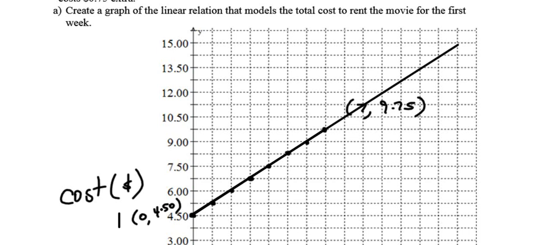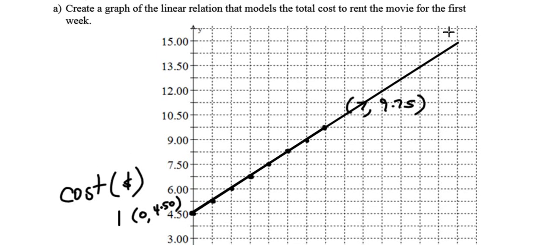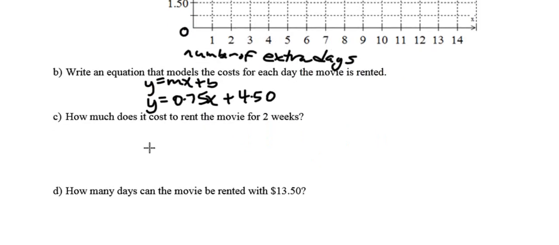I'm going to say I'm at $15. So I'm just going to look at this point here. This is the point 14, and then I'm up here. It's close to 15. So how much does it cost to rent the movie for 2 weeks?